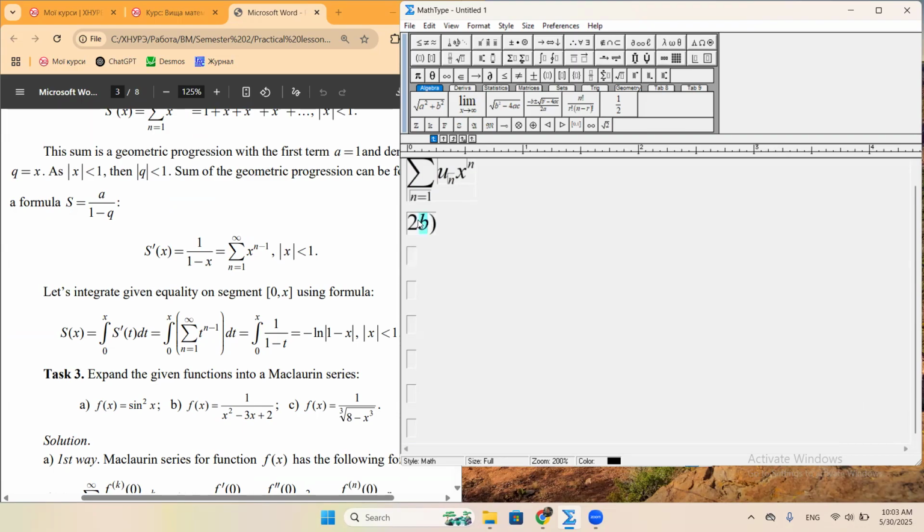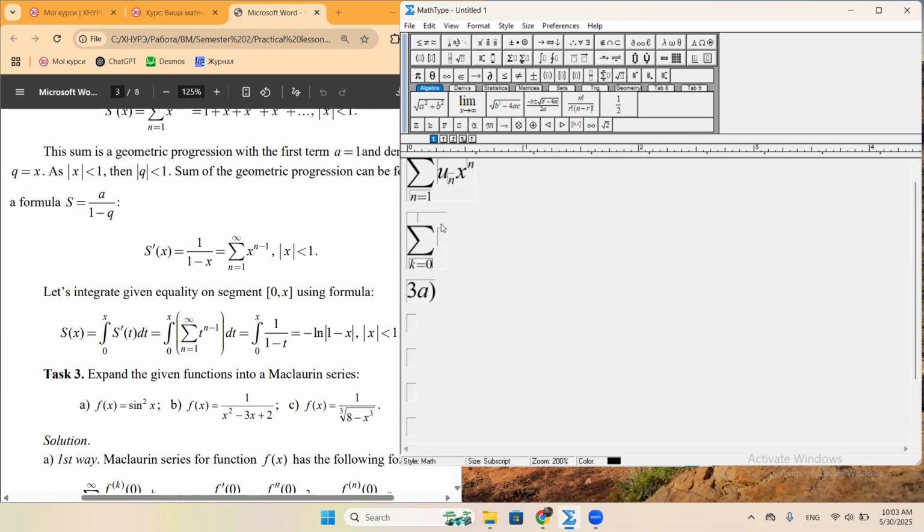In the previous task, we wrote down the series as elementary functions, and here we will expand the function into a series. Let me remind you how the Maclaurin series looks.